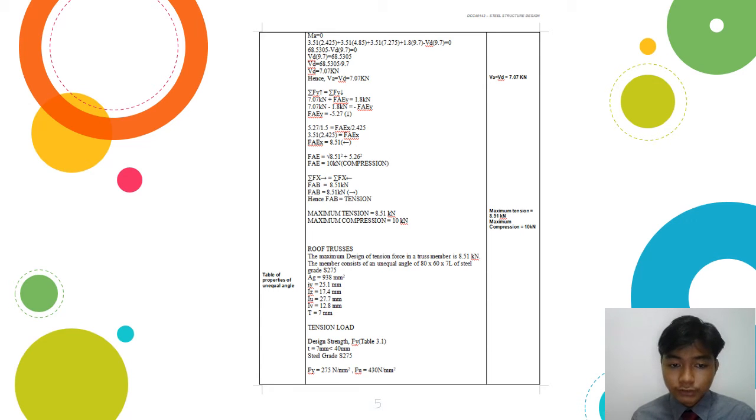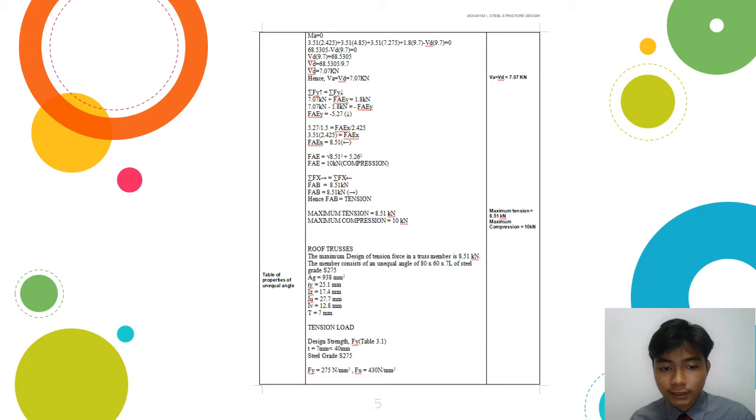we solve for the design strength from table 3.1. T is 7 millimeter, which is smaller than 40 millimeter.